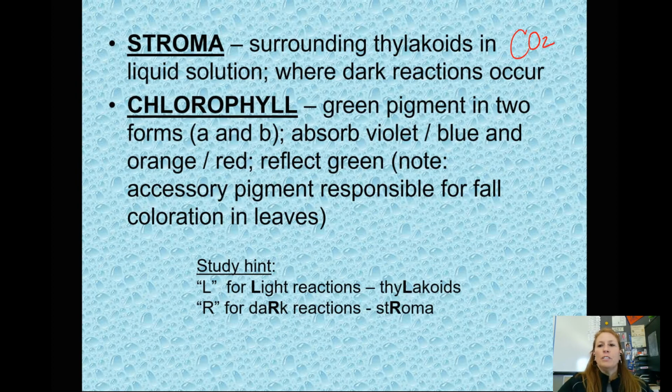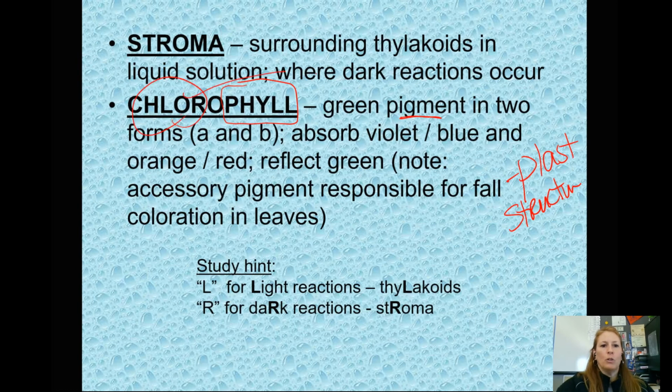Okay, so we've looked at the thylakoids, grana, and stroma. Now, inside these chloroplasts there is also something called the pigment. You can always tell when it says "phyll," we're referring to pigment. When we see the ending "plast," we're talking about a structure. So that's how you can tell the difference. And chloro means green.